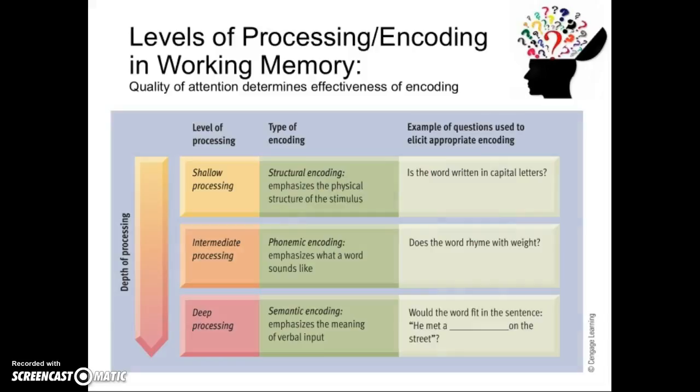Now, semantic encoding is the deepest of those three different types of processing, but sometimes it's not quite enough all by itself. And so there's actually a way to create an even stronger, more effective memory code than just simply looking up the definition of the word.